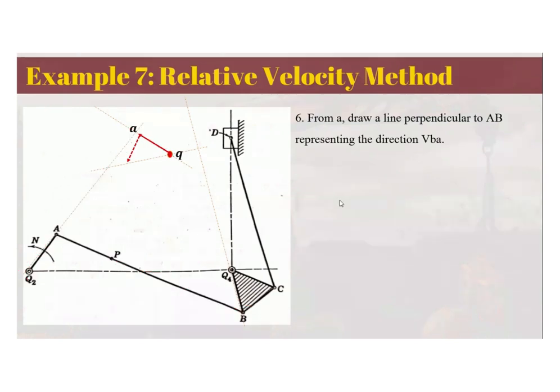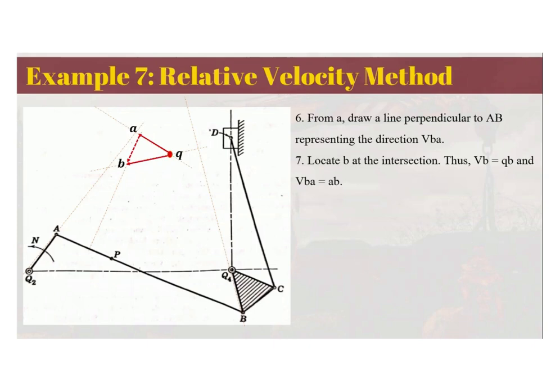And thus we are able to locate, from that perpendicular line, the intersection. So thus, we are able to obtain QB from the point of intersection.